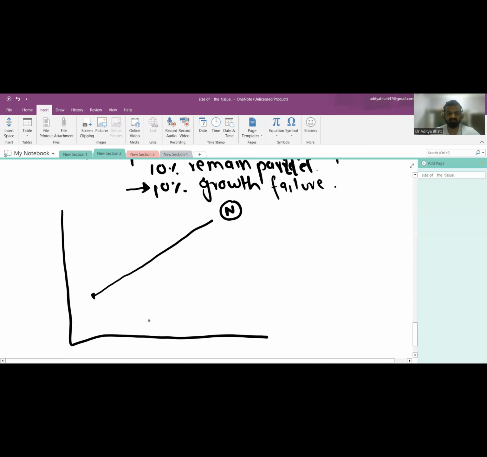80% of the patients who are born IUGR will begin from here. They have restricted growth at birth, but later on they will recover at 1 year of age. Consider this at 1 year of age.